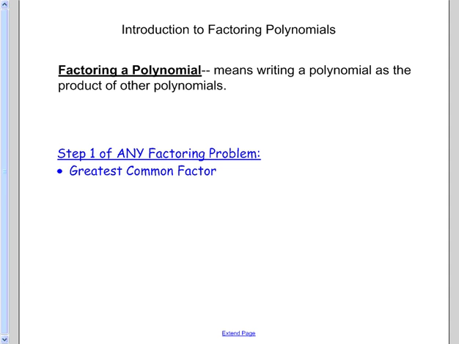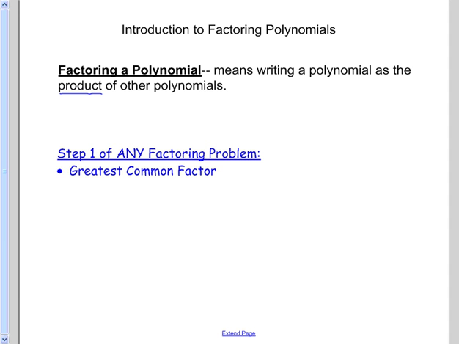Section 4.1 is an introduction to factoring, and this is basically what we're going to be doing throughout the rest of the chapter: factoring polynomials. Notice my definition. It says factoring a polynomial means writing a polynomial as the product of other polynomials.